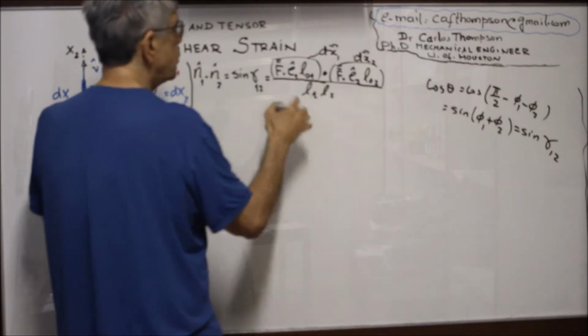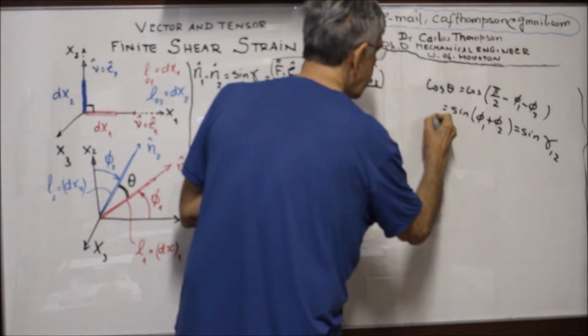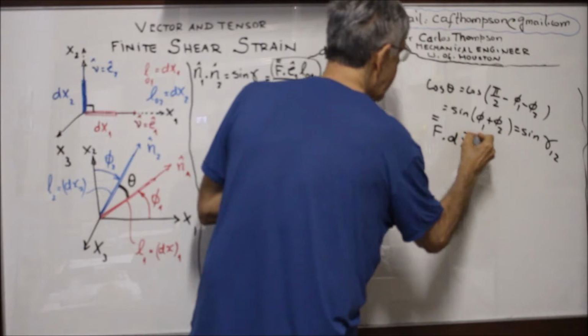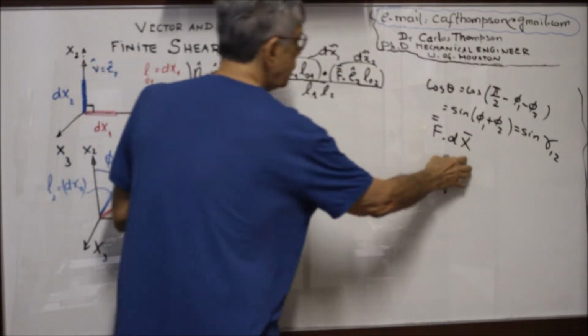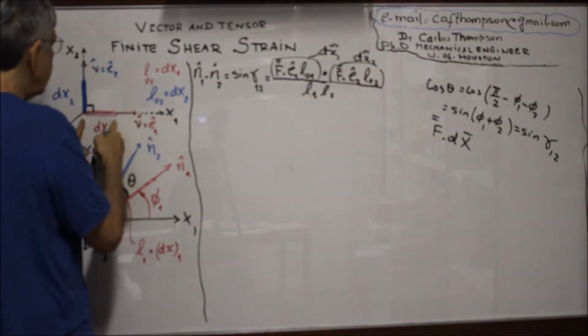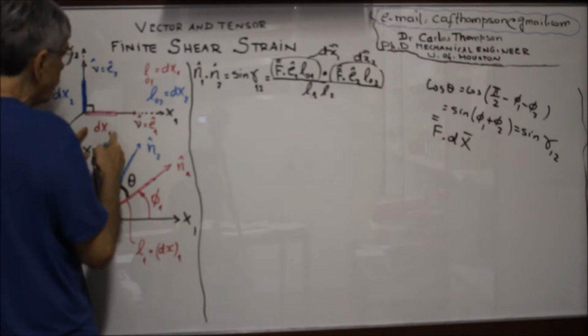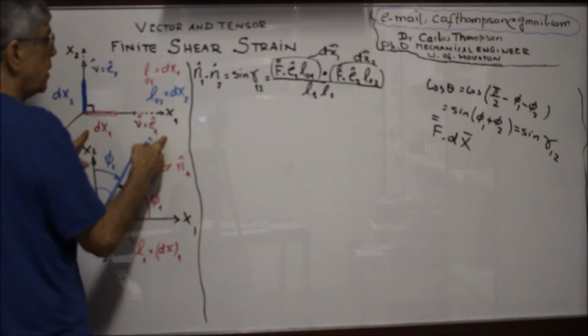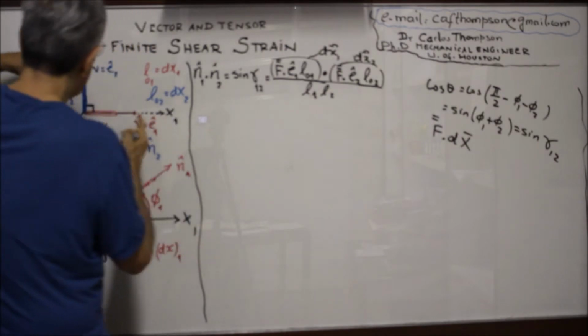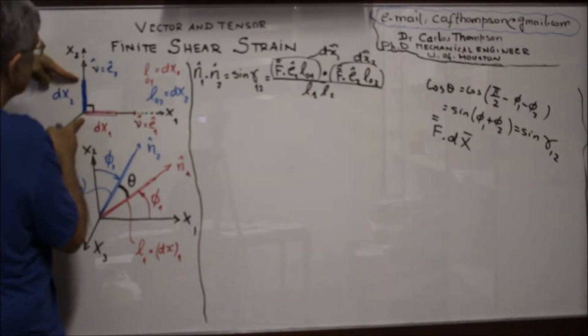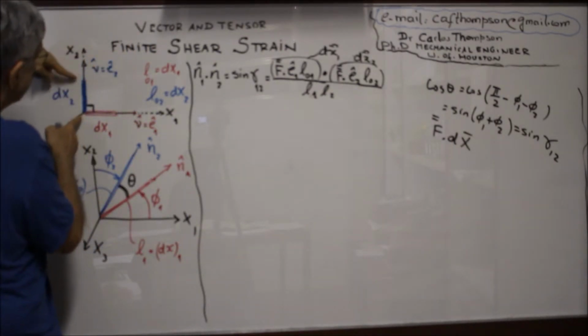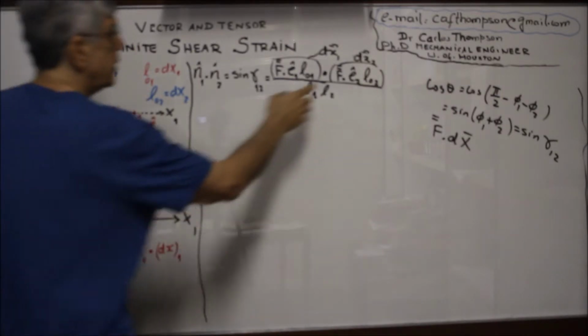Now if you substitute dx by F dot capital dX, you see capital dX on this line is the vector dX1 e1, and in the x2 direction it is dX2 times the unit vector e2.